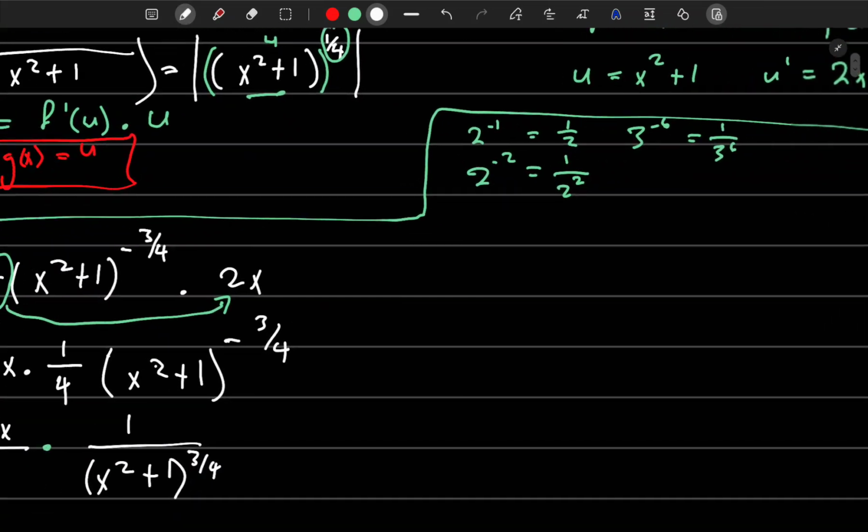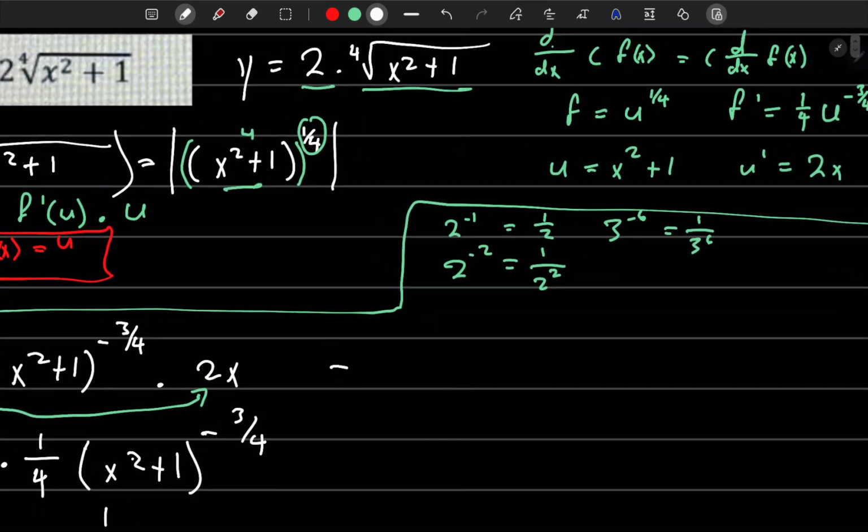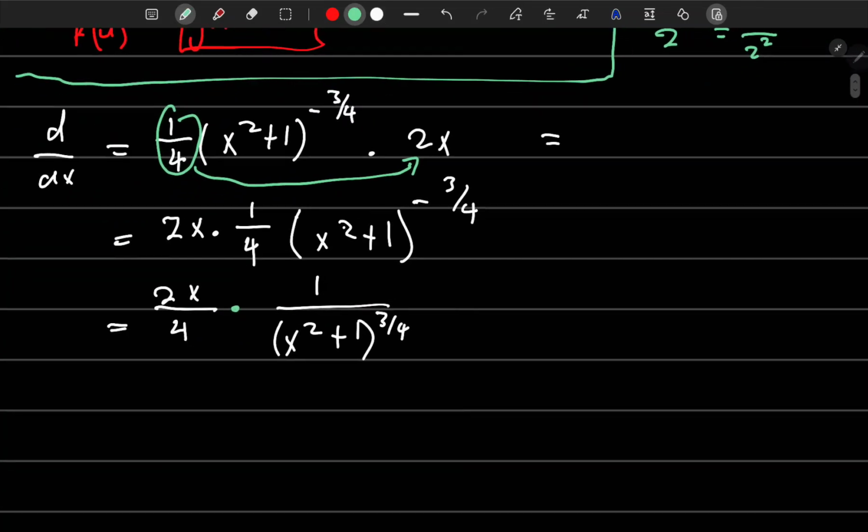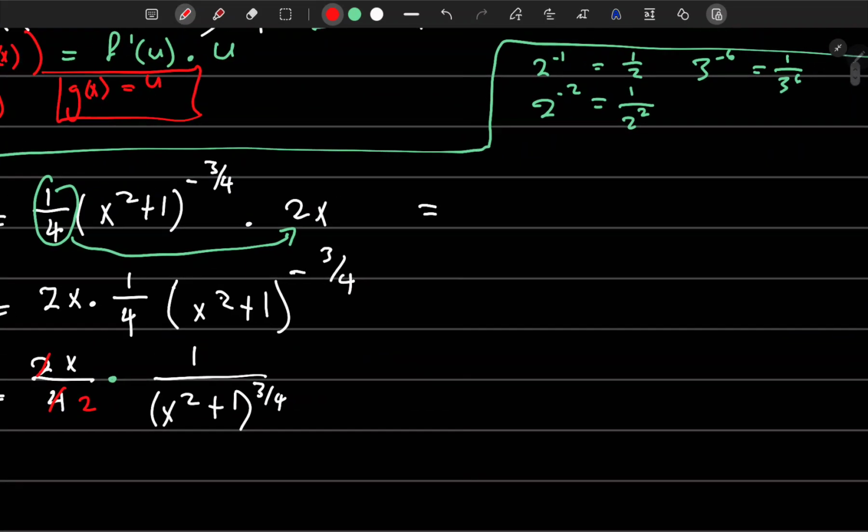So let's rewrite this. Now this part of the problem is going to fall away, and I'm going to be left with the 2 at the bottom. So this now becomes x over 2, right?